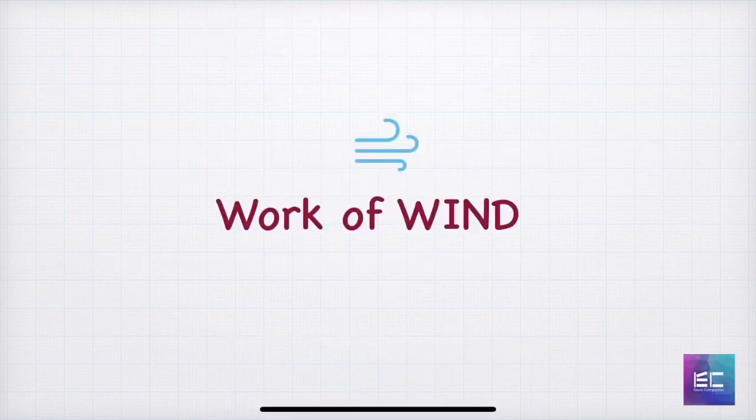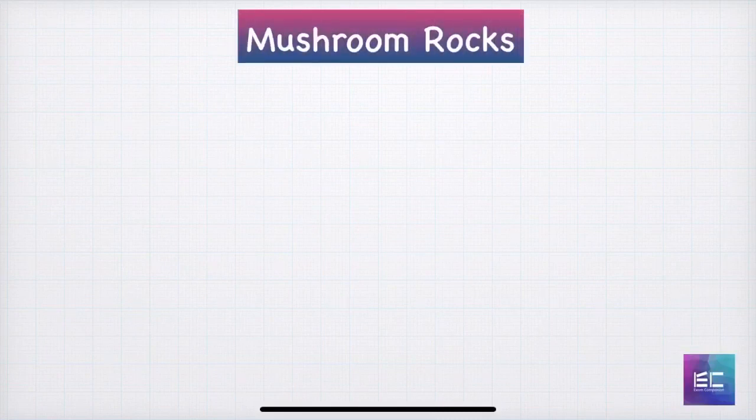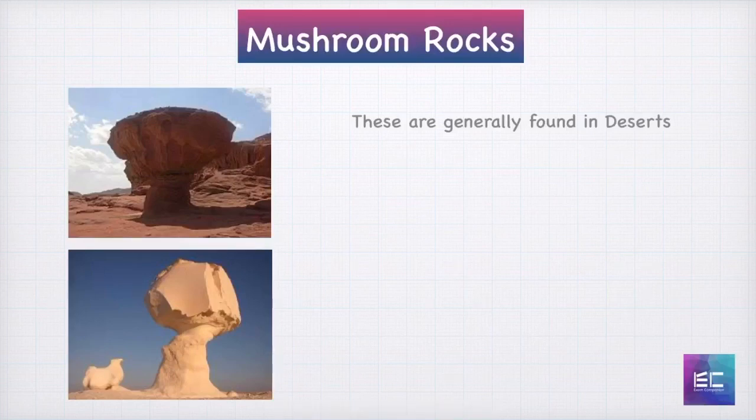Now coming to the last topic of the chapter, we will study about the work of wind on the landforms. So what are mushroom rocks? As the name suggests, these are rocks that look like mushrooms. They are generally found in deserts. Now students, a question may arise.